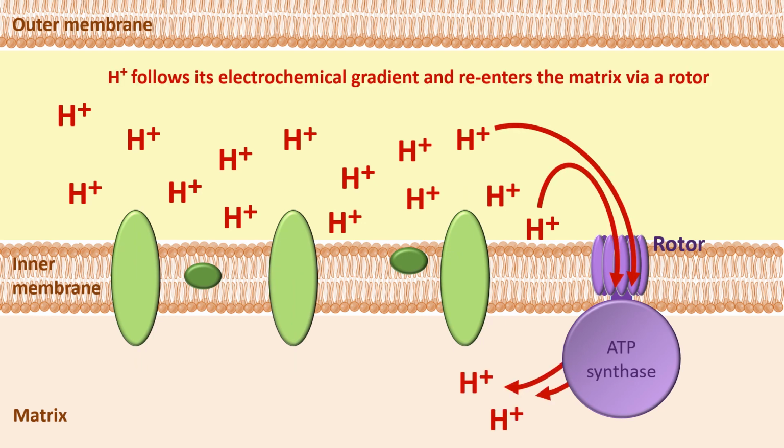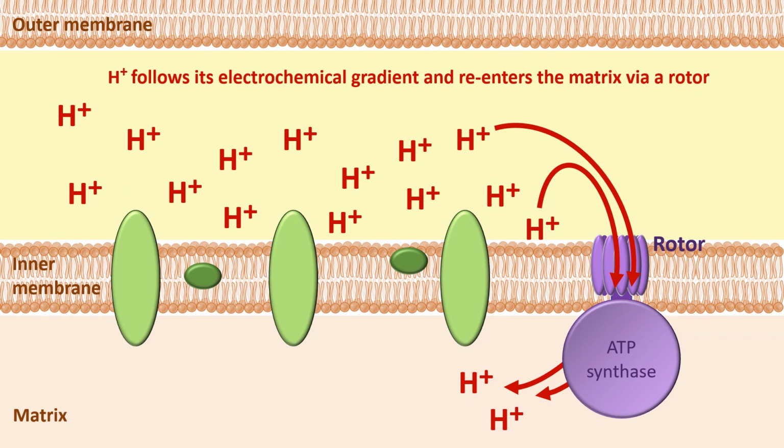So it does, because it's sitting there and it suddenly finds, oh, hang on a minute, there's a little hole, there's a pore through this little rotor thing. I could go back through that, and it does. It follows its electrochemical gradient back through that rotor.